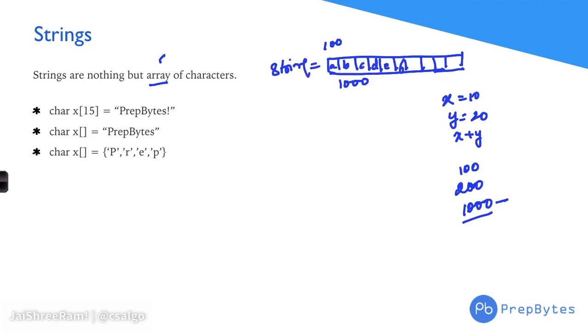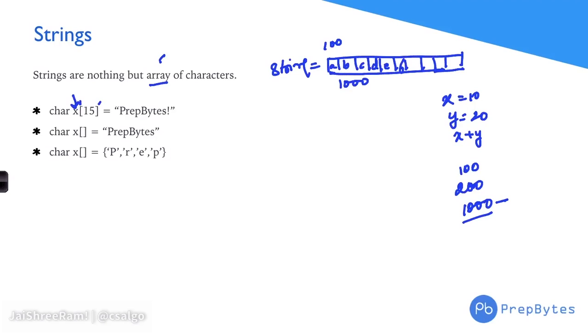We will talk about it in detail. Here are some examples. In this case, as you can see, this x is the name of the array. This x is an identifier here. This 15 is the size. We saw these particular brackets in special symbols, right? Basically, the size of this array is going to be 15.